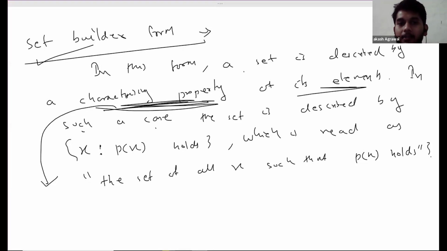In such a case the set is described by x such that p of x holds. मतलब क्या? वो सारे x जहां पर p of x ट्रू होगा, है ना? All the students where students are गधा, तो आप सबका नाम आ जाएगा वहां पर। आगे समझ में? Yes or no? Yes, sir.